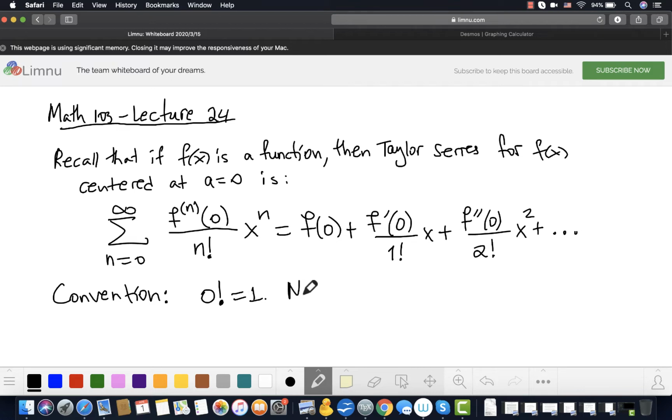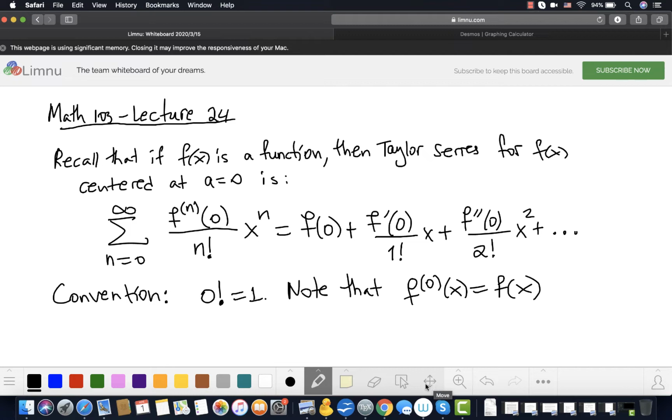Another observation worth remembering that also shows up when n is 0 is that the 0th derivative of a function is the function itself. So when n is 0, we get the 0th derivative of the function evaluated at 0, which is exactly f of 0. And then x to the 0 is 1, and 0 factorial is 1, that's why I didn't write them. That's why when n is 0, this term becomes f of 0.